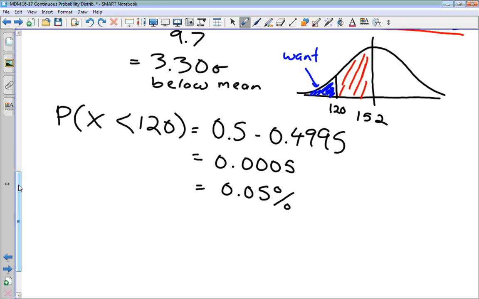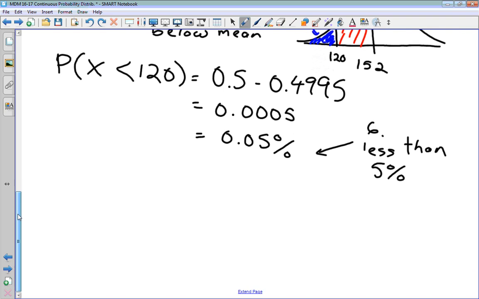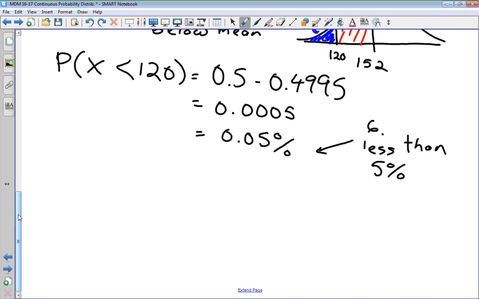So this value here, we want to compare it to our significance level. This is less than that 5% significance level that we had identified at the beginning. So this tells us that the result is significant. It's very unlikely that this result is just due to random variations in the data.